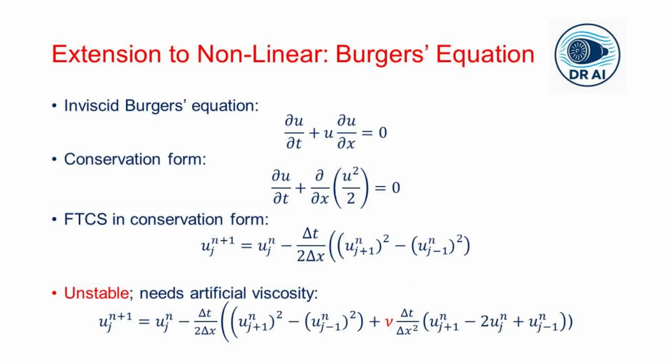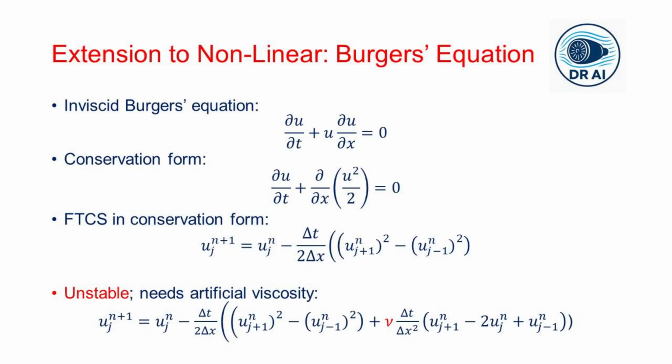Now, a nonlinear extension is the Burgers' equation. Real fluid dynamics is obviously nonlinear, and the simplest model that captures nonlinear convection is the Burgers' equation: partial u over partial t plus u partial u over partial x equals 0. This is actually the inviscid Burgers' equation.